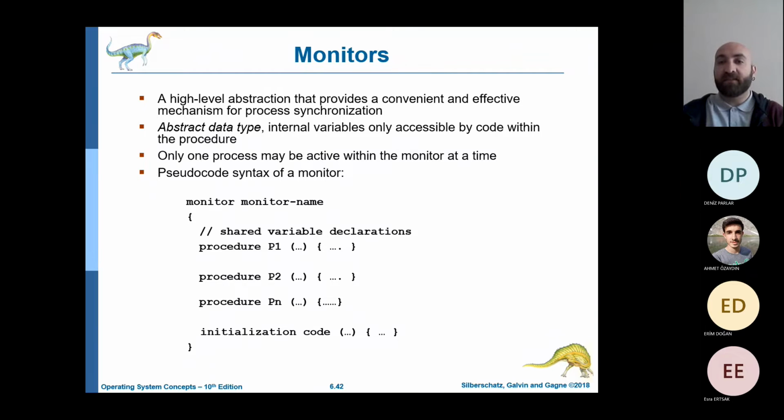For that reason, we don't have monitors in POSIX or the Win32 API. So I'm not going to give more details about monitors, but it's good to know that we have monitors too, in addition to mutexes and semaphores, and if you need any detailed information, you can take a look at our textbook.